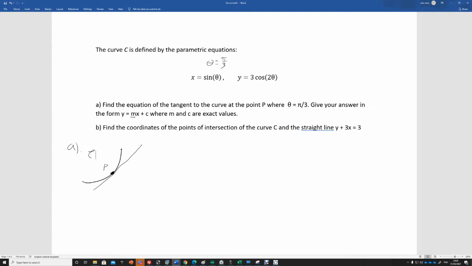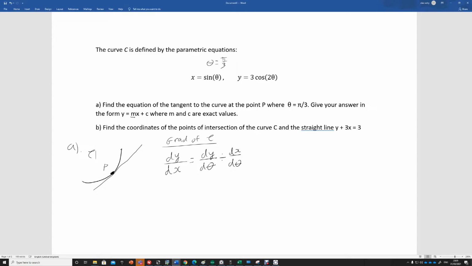First of all, I want the gradient of the curve, so the gradient of C. I need to remember that for a curve defined by parametric equations, dy by dx is just dy by d theta, the derivative of y with respect to the parameter, divided by dx by d theta.